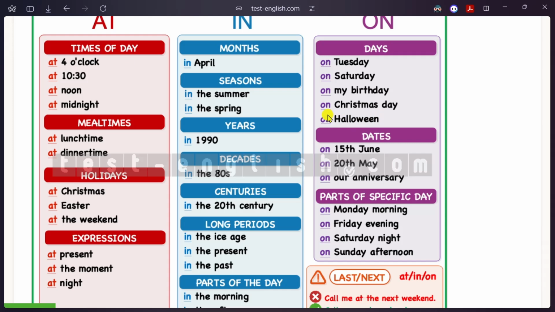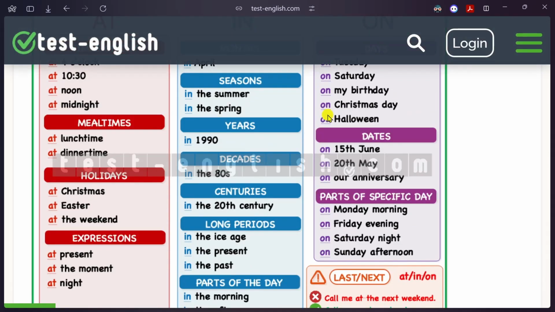What does at Christmas mean? What is at Christmas? Christmas, the 25th of December? Christmas is not the party, it's the day, I think. I think of it as the day of Christmas. Christmas Day, right? So if you want to say at Christmas, it refers to the same period of time, but you're talking about Christmas. The other one you're talking about Christmas Day.